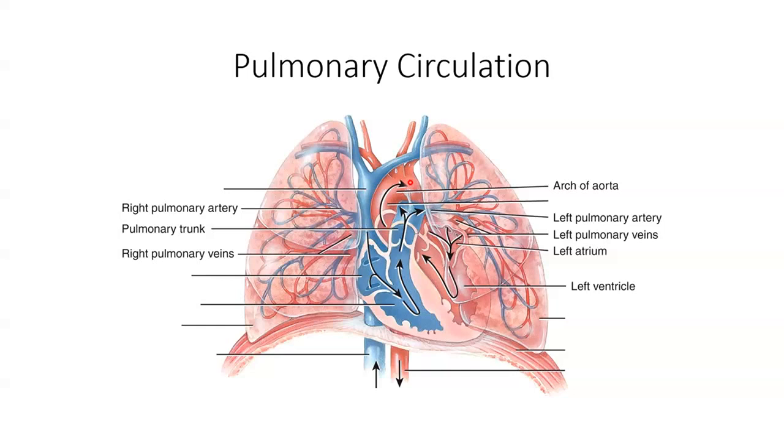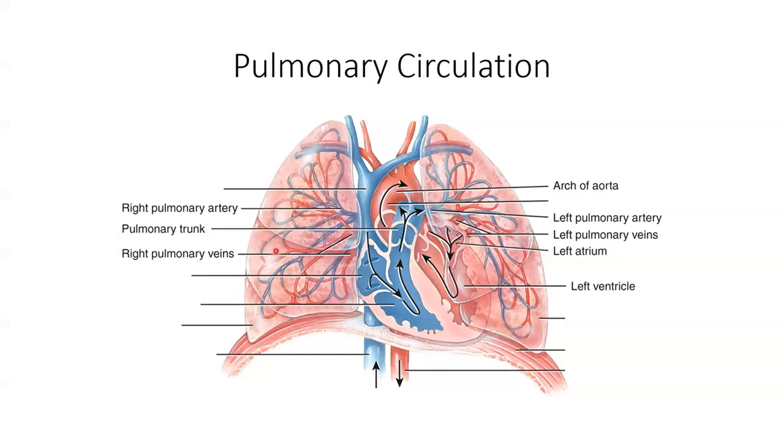We're going to cover this again when we look at the cardiovascular system, but we have deoxygenated blood in the right side of our heart that exits the heart through the pulmonary trunk, splits into our right and our left pulmonary arteries. That will then go into the lungs, become oxygenated through the capillaries that surround the alveoli.